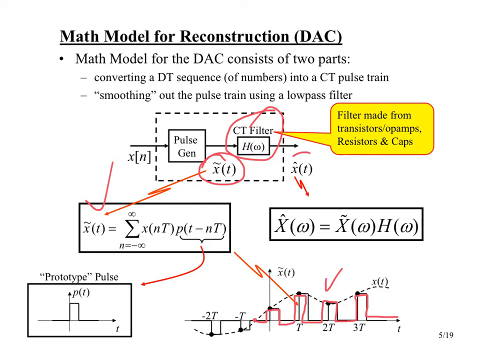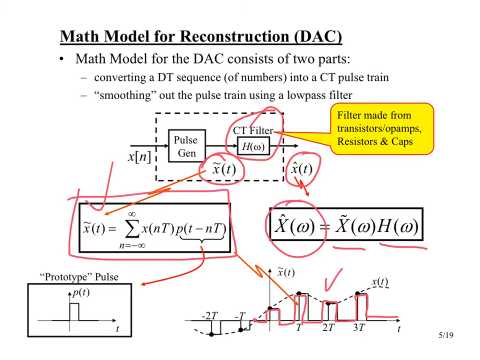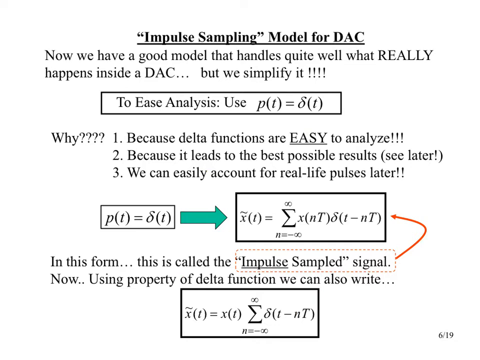So the Fourier transform of x hat of t, the output of the DAC, will just be the Fourier transform of x tilde times H of omega, the frequency response of that continuous-time filter. To figure out how this works, we need to analyze this signal in the frequency domain, so we need to take a Fourier transform of it.